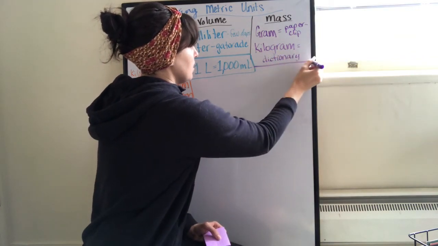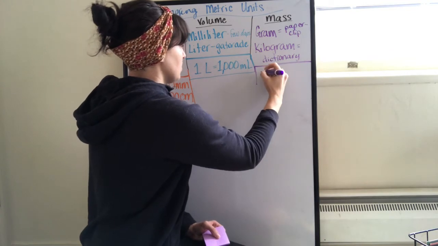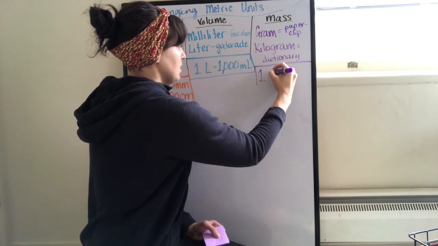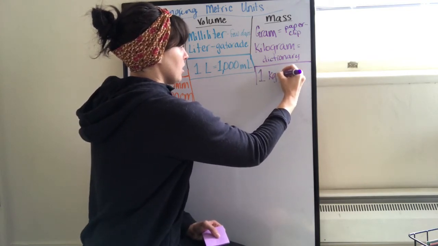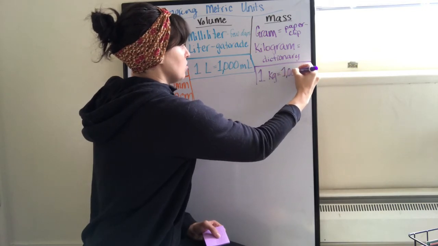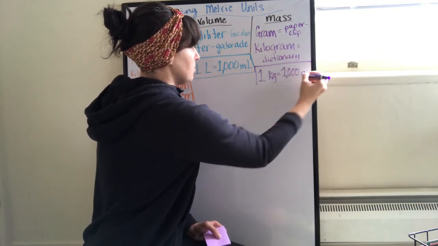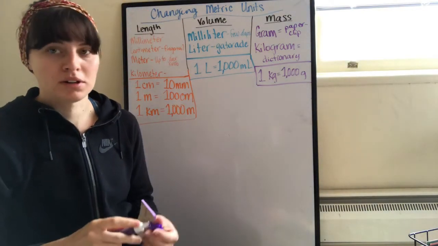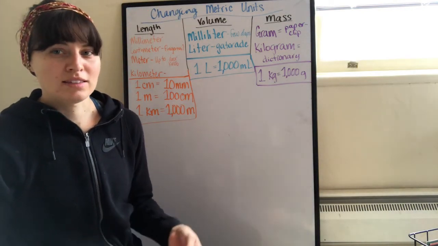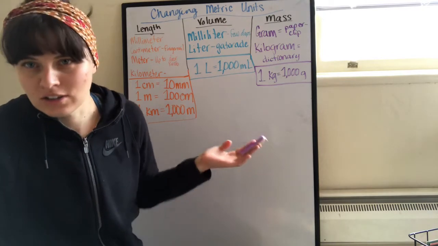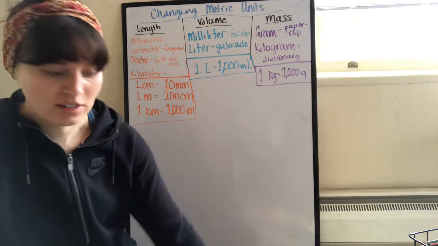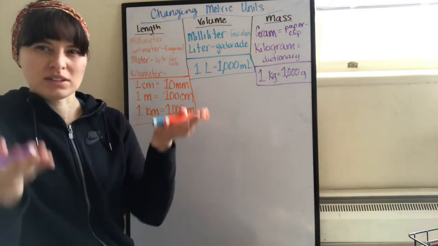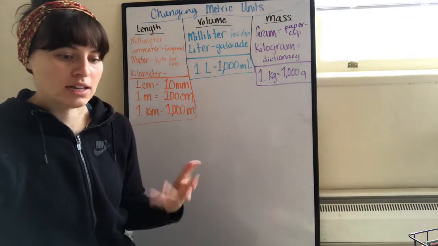And then again, to help us, 1 kg, kilogram, equals 1,000 grams. So you would need 1,000 paper clips for it to weigh the same as a dictionary. About, right? There are different size dictionaries, there are different size paper clips. But just an estimate to give you an idea of how heavy or how light something is.